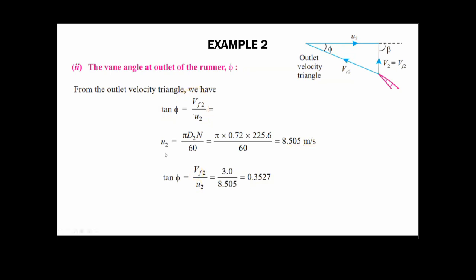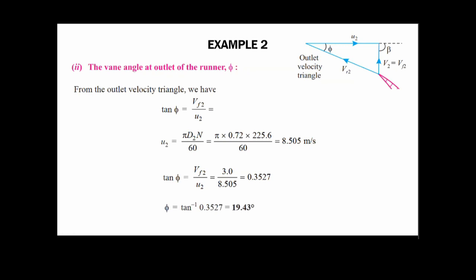In order to get the value of phi, we just inverse the tangent. We get phi equal to 19.43 degrees.